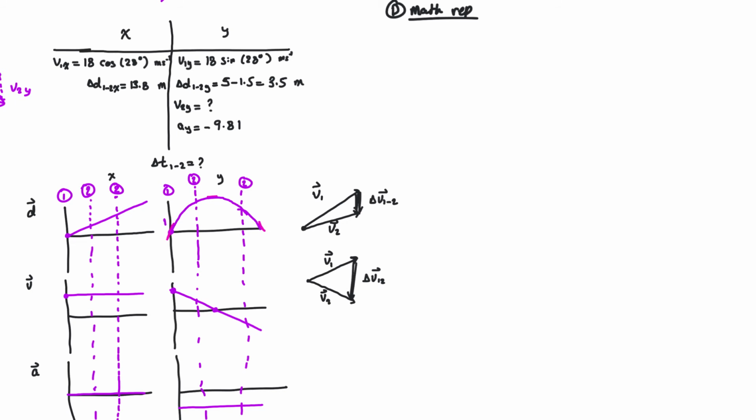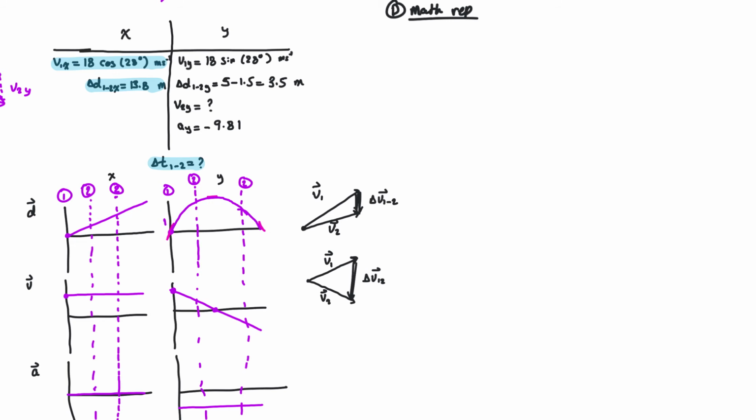Well, in the x direction I have this and I have this, so that means I can find the change in time right away, which is beautiful. And once I have that, I can use that set of data to find the displacement in the y direction and compare it with this value and see if it's going to be bigger or smaller.